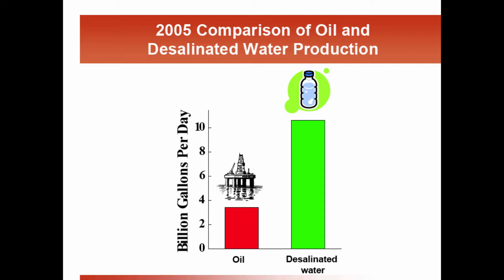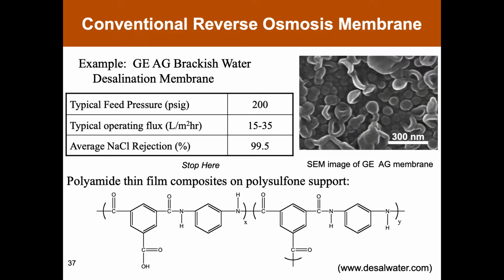So just to put this in some scale, now water is not as valuable most of the time as oil, so you don't see it moved around in huge super tankers, but this is happening at very large scale. So this is showing a top view of a desalination membrane that is from what was GE, and is now Suez.